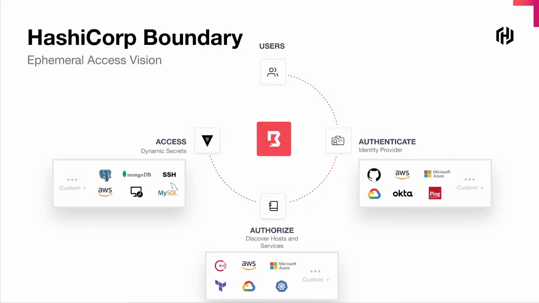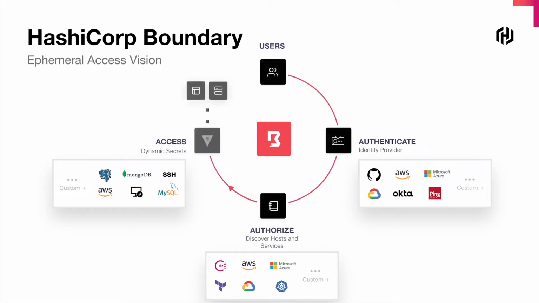The Boundary engineering team is rapidly delivering the remaining chunks of the 1.0 vision that were planned from day one. And Boundary 0.7 now has a core set of features around dynamic identity and resource discovery that allow the kind of automatic but still secure access that I promised you a minute ago. Now let's look at how it works.